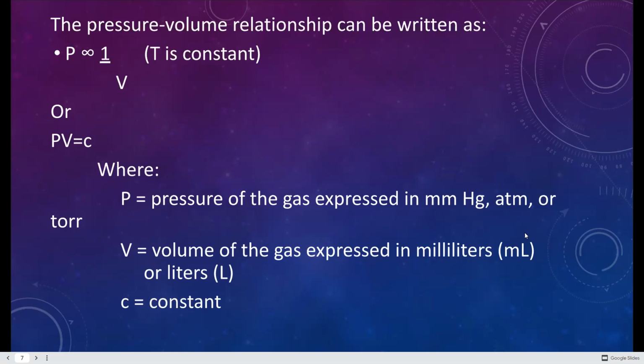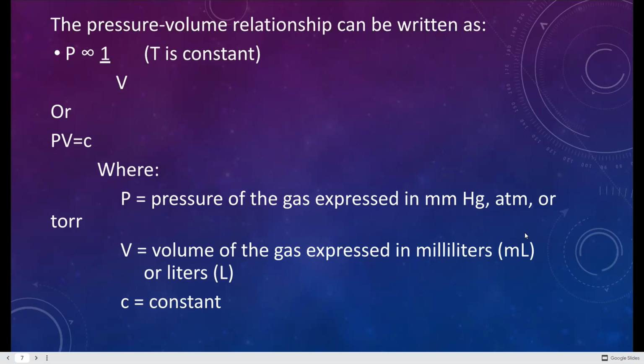In formulating this formula, we need to consider the constant. The pressure-volume relationship is that pressure is inversely proportional to the volume. That is why we need to consider the constant.